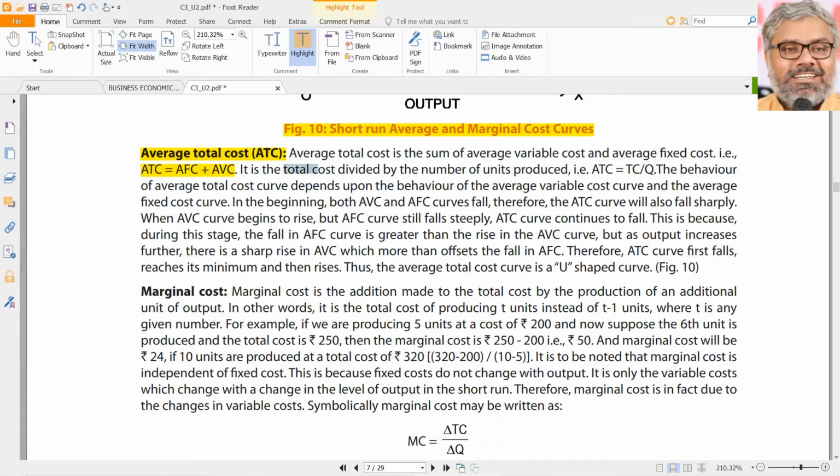That is the total cost divided by the number of units produced, in other words, total cost divided by Q. That is what average total cost is. And naturally, the behavior of the average total cost curve depends upon the behavior of the average variable cost curve and the fixed cost curve also.